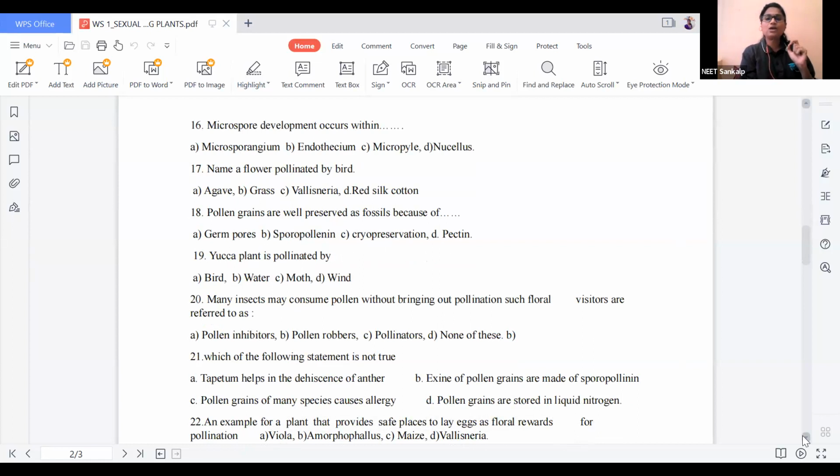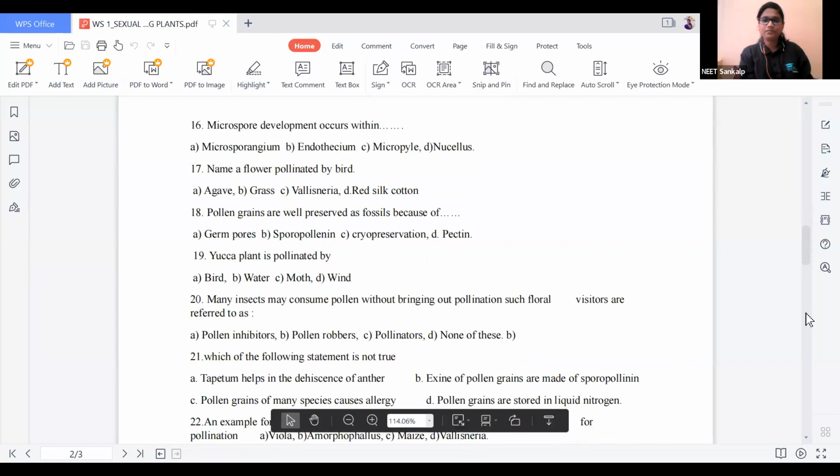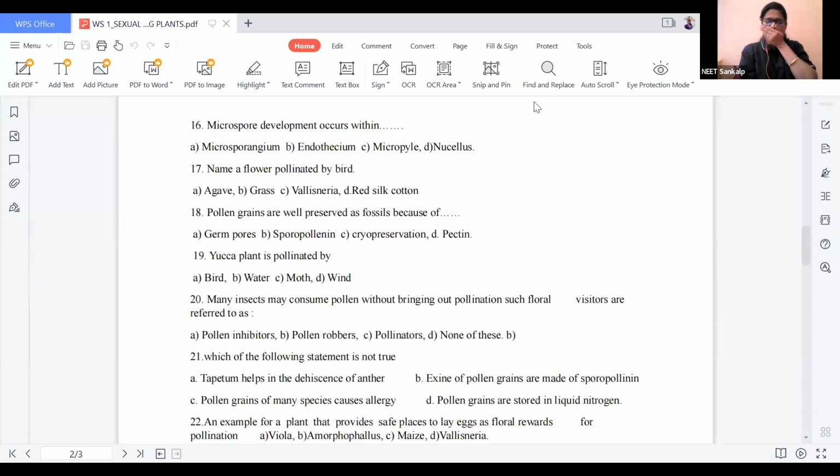Option D, none of these. Okay, Jyoti, Anvita, Priyanka answered it. Fine. Manju answered it. Nagini, Diksha answered it. So option B, pollen robbers is the right answer.